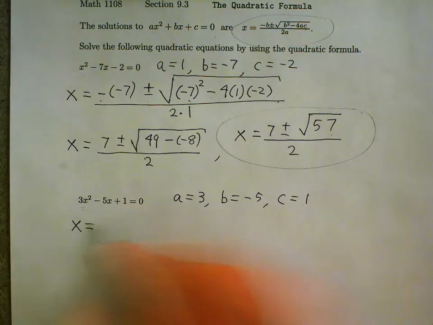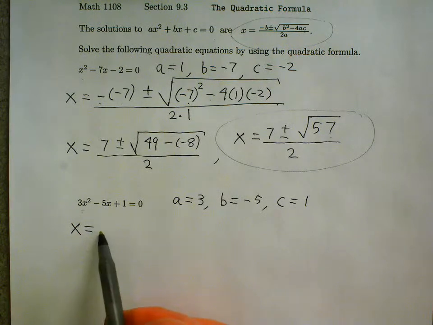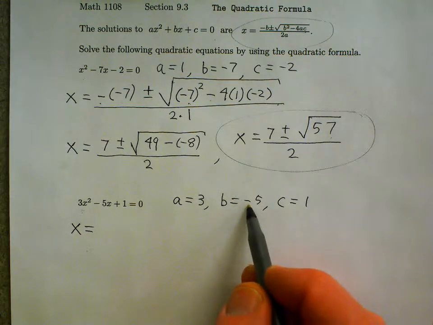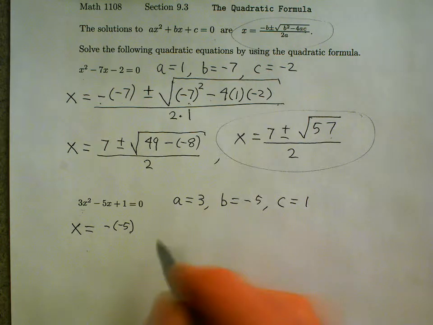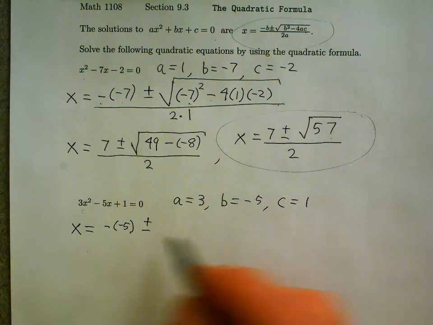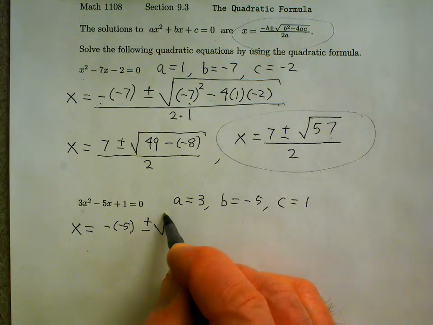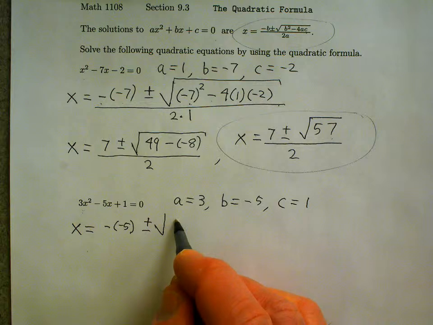Then we apply the quadratic formula. So x equals -b. So b is -5, so this is the negative of -5. And then plus and minus the square root. Inside the square root, we're going to square b.